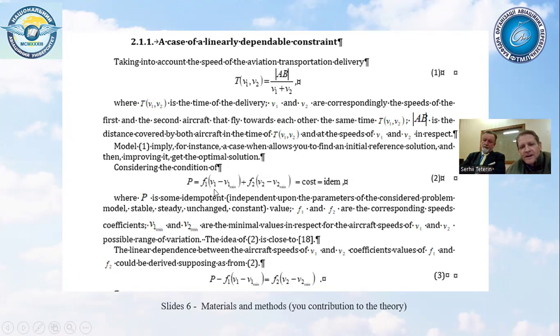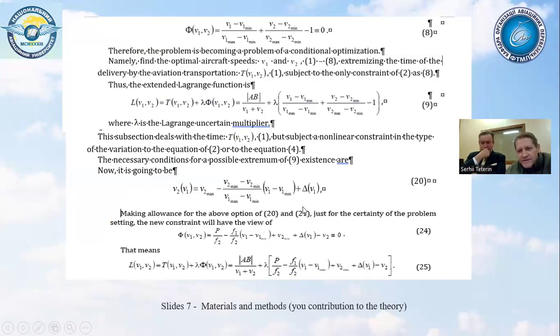And we propose to consider first just a linear combination, like the difference in variation of two aircraft speeds. In this case, formula number 3, we can find the unknown coefficients F1 and F2, and then, as you can see in formula number 8, it's the constraint equation.